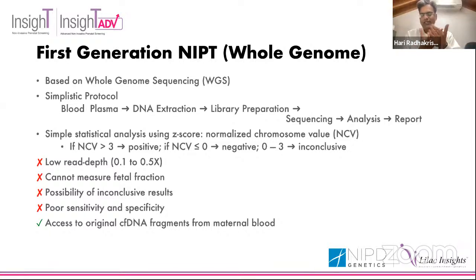Sensitivity and specificity are poorer compared to the newer technologies, but much higher than the original serum screening that was used for detecting aneuploidies. But one great advantage of the whole genome method is that we are actually looking at the original cell-free DNA fragments coming from the maternal blood.